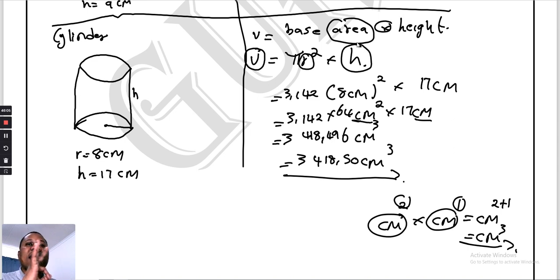So you have 3 values. If you have 3 values in a formula, your examiner must give you 2 values so that you can calculate the remaining value. In this case, our unknown value was the volume and our given values were height and radius. You can use the same formula and look for the missing value.